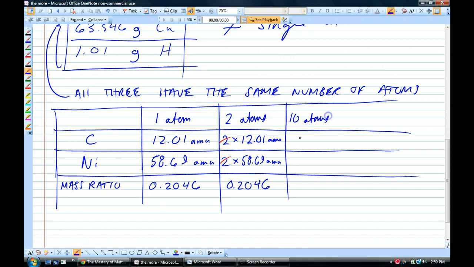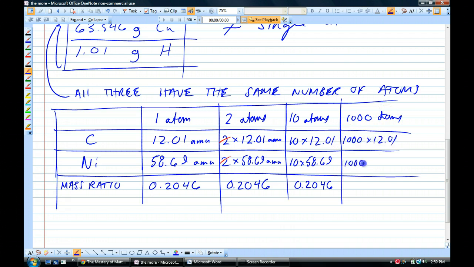If I have 10 atoms, then it's going to be 10 times 12.01 and 10 times 58.69, and the ratio will still be the same. Or if I had 1,000 atoms, right? 1,000 times 12.01 and 1,000 times 58.69. The ratio is still the same.